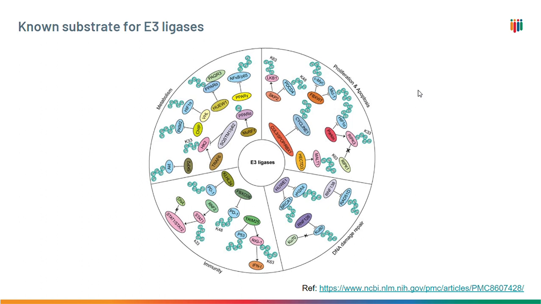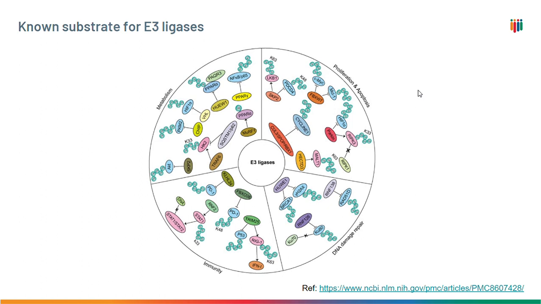For example, this plot is taken from a research article. We are focusing on one of the E3 ligases, HACD3, which plays a function in regulating cancer cell progression.